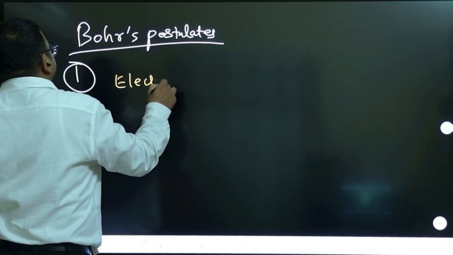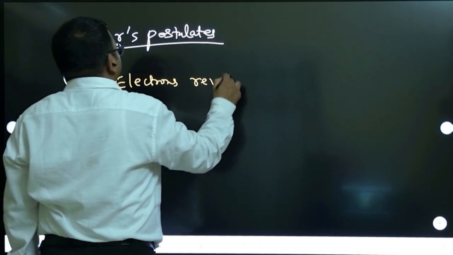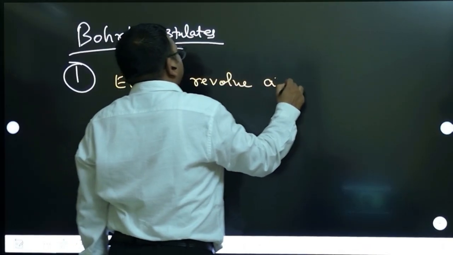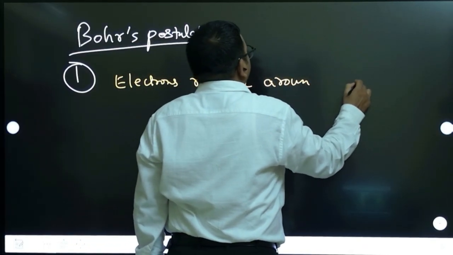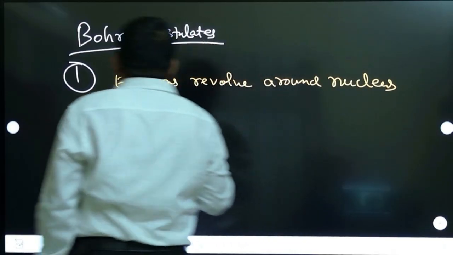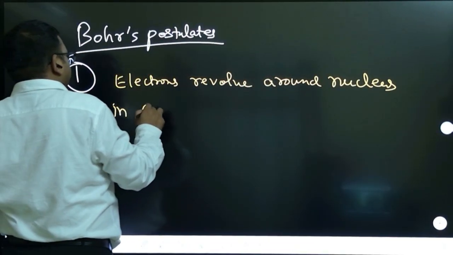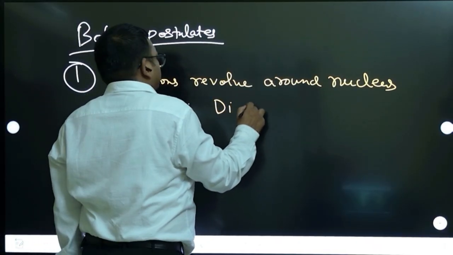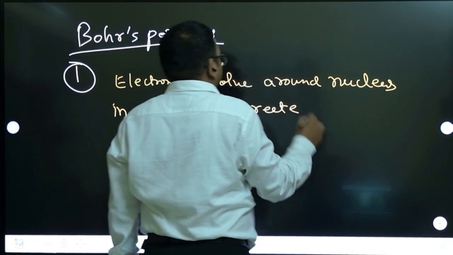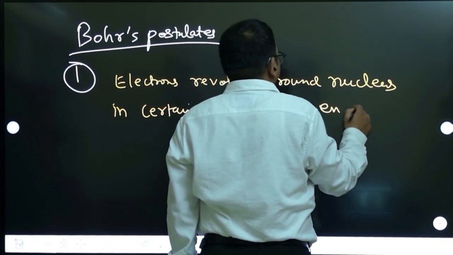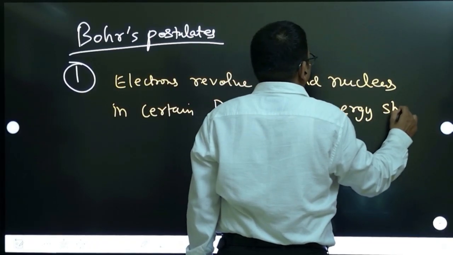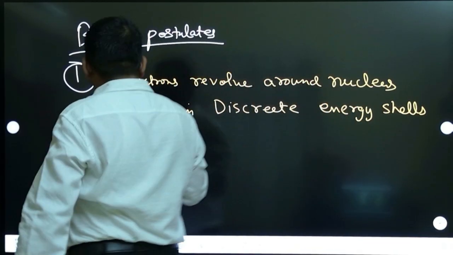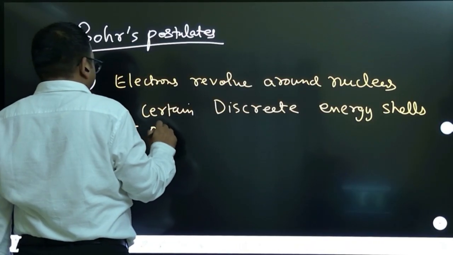Electrons revolve around the nucleus in certain discrete energy cells or orbits.